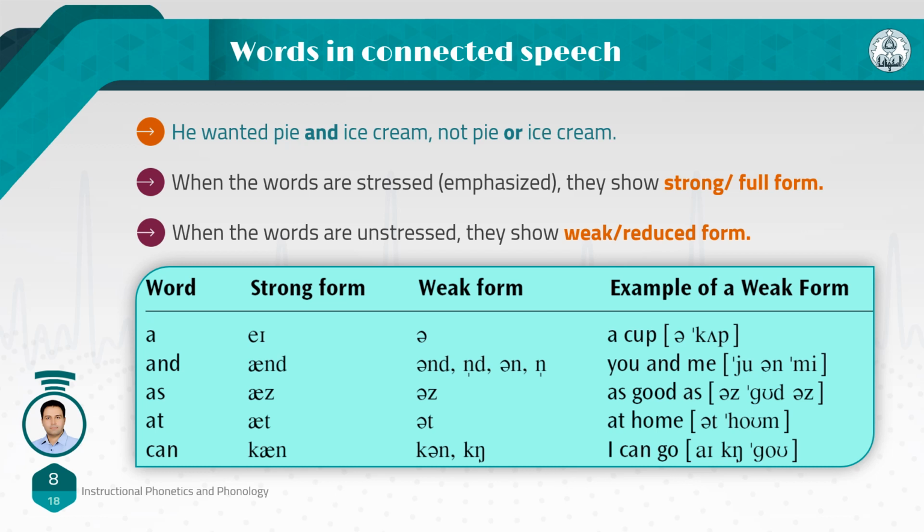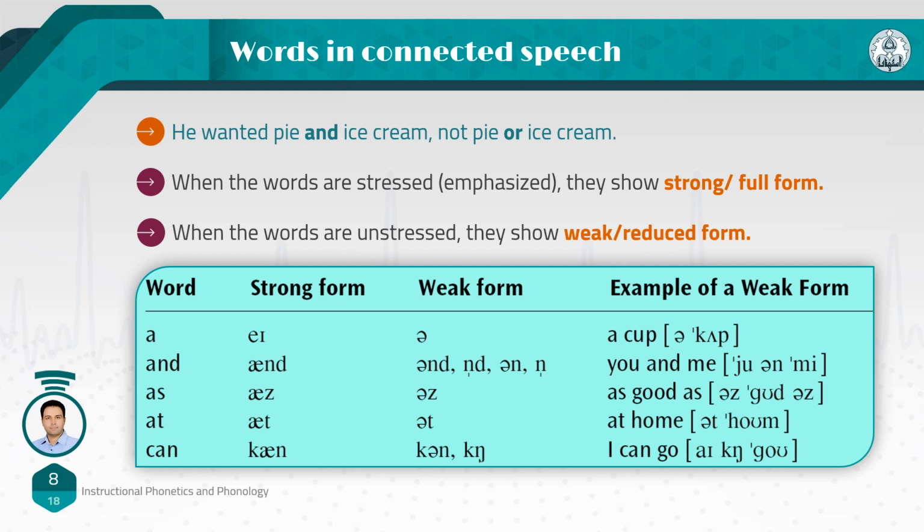If you look at the other examples, for example, "a": the strong form is "ay," like "a cup," "a word." When you want to emphasize "a," you pronounce it as "ay." But the weak form is "uh," like "a book," "a desk," "a banana." But when you want to emphasize that one, you should say "ay book," "ay banana."